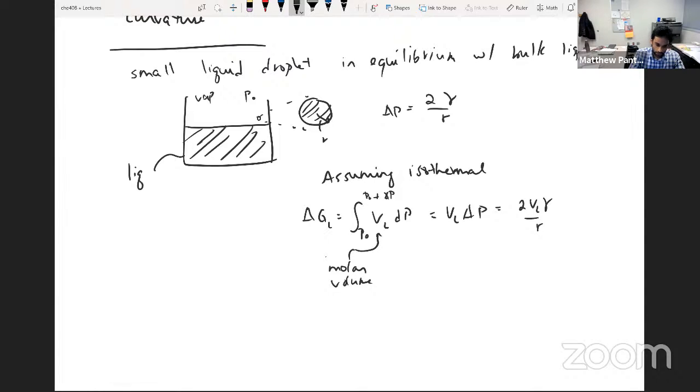We also know that if we're forming that droplet out of vapor, there will also be a Gibbs energy associated with that. This would be the volume of the vapor dP.